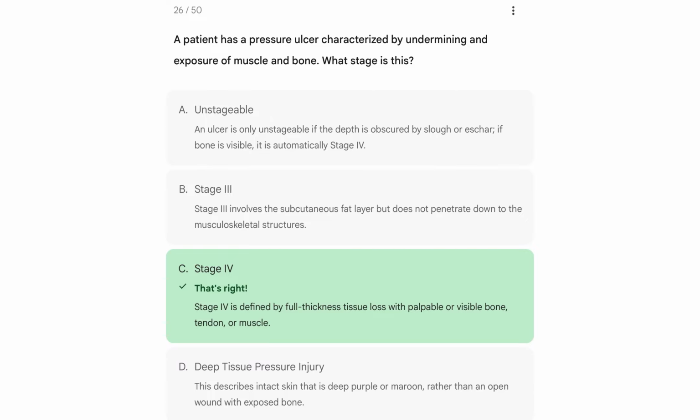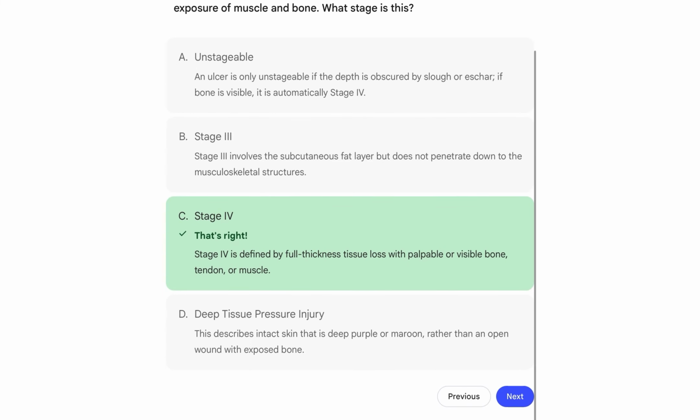If bone is exposed, that is the 4th stage. Deep tissue injury is when you are hit by a hard surface and superficially the skin is intact, but deeper tissues get injured. That is called deep tissue injury. Are you understanding? It is not exposed. In deep tissue injury, it is not exposed. I hope everyone understood the 26th MCQ with the rationale.